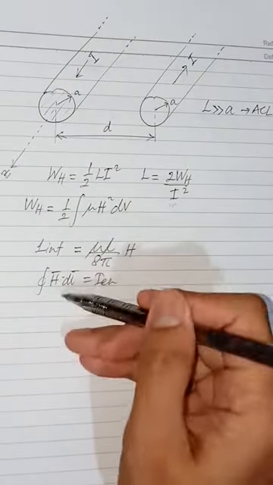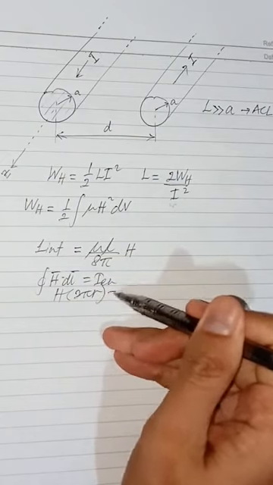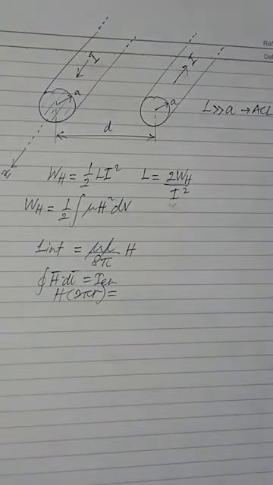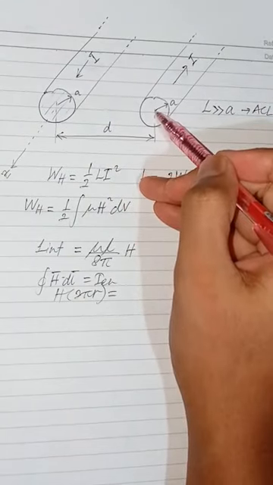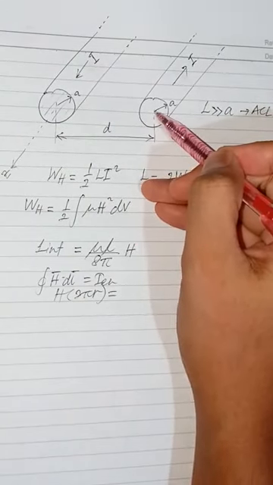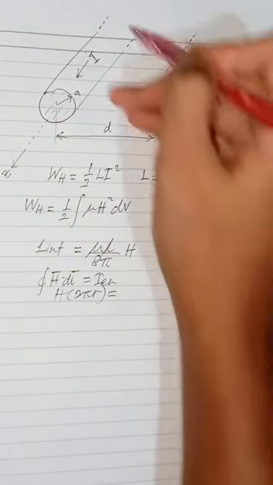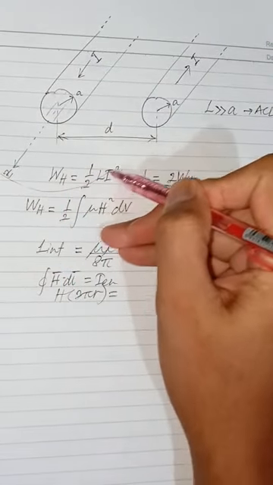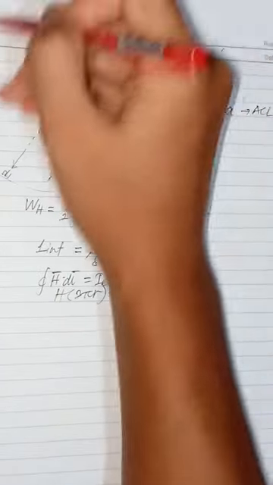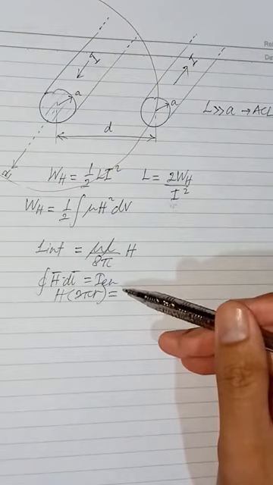So let's proceed. H times 2 pi r, and let's say we draw the Ampere loop outside the wire. That's your Ampere loop. Now we have to find the I enclosed within this loop.